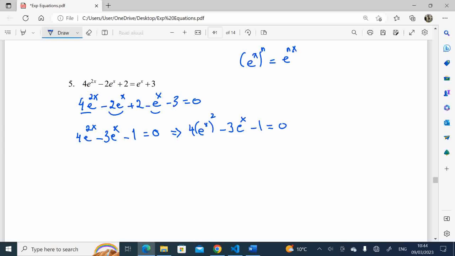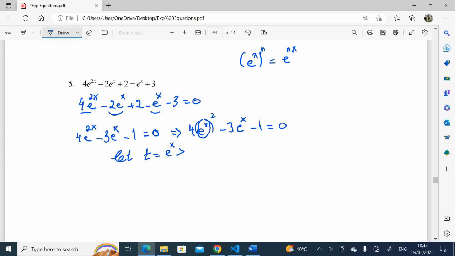We can notice that this equation is similar to a quadratic equation, so let us first change the variable in order to write it as a quadratic equation. If I let t be e^x, then t has a condition to be defined.